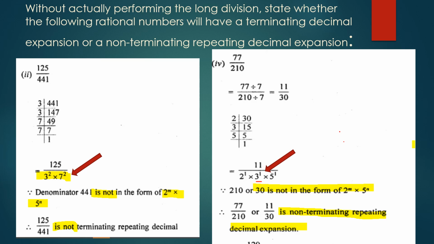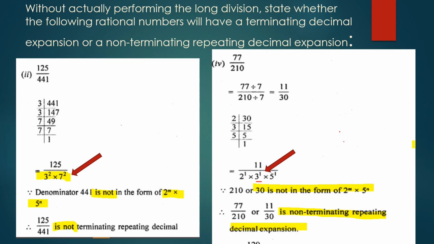Now focus on the denominator 30. Next step, do prime factorization of 30. Next step, write it in the product form, which I have already shown by an arrow. Here in the product, you have 2 power 1, 3 power 1 and 5 power 1. I have shown with that arrow that 3 power 1 is there, which is not required. If it was a terminating decimal expansion, then 3 power 1 would not be there.